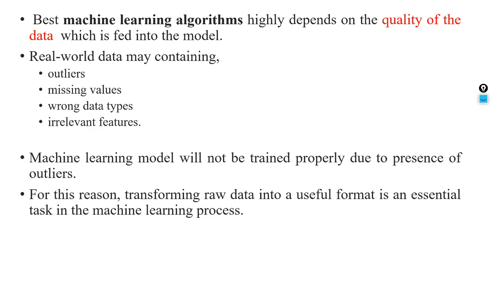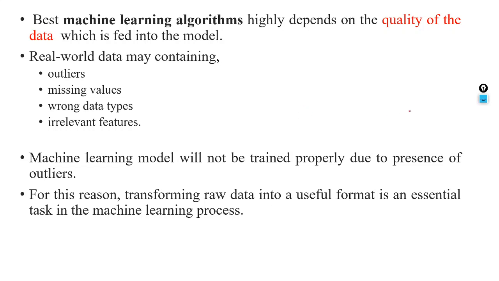Whether a model is good or bad depends upon the quality of the data. The best machine learning algorithms highly depend upon the quality of the data which is fed to the model for training.